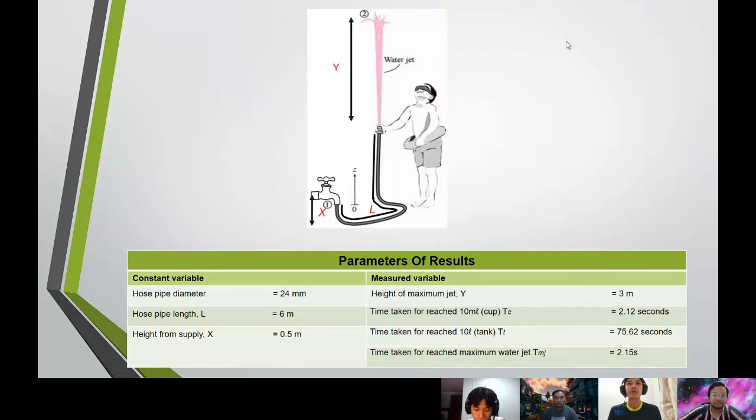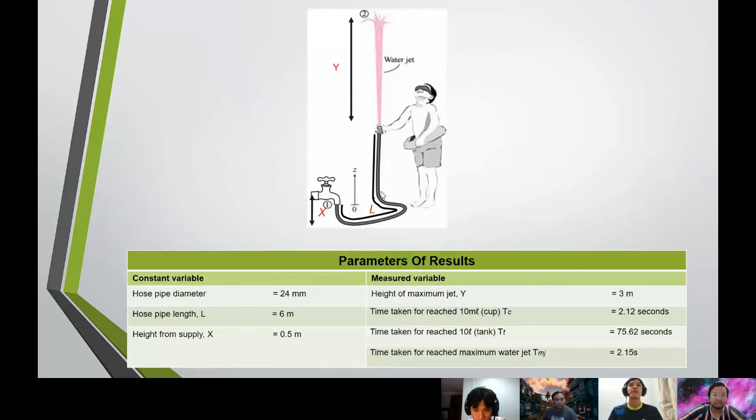I also measured the hose pipe length, which is 6 meters. I also measured the height from supply X. Supply X is like a straight line, but in the opposite direction to the Y line.